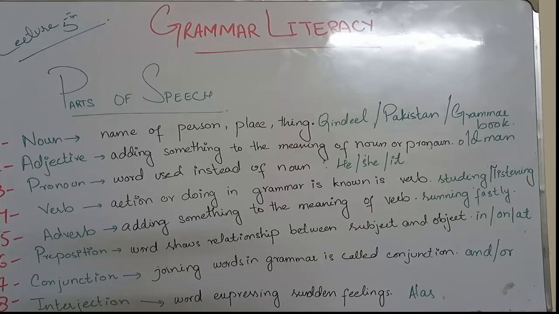So here these terms will be more and more appropriate. The preposition is the word that shows the relationship between the subject and the object, and the relationship of space specifically. It definitely deals with the space, the place where it is located.